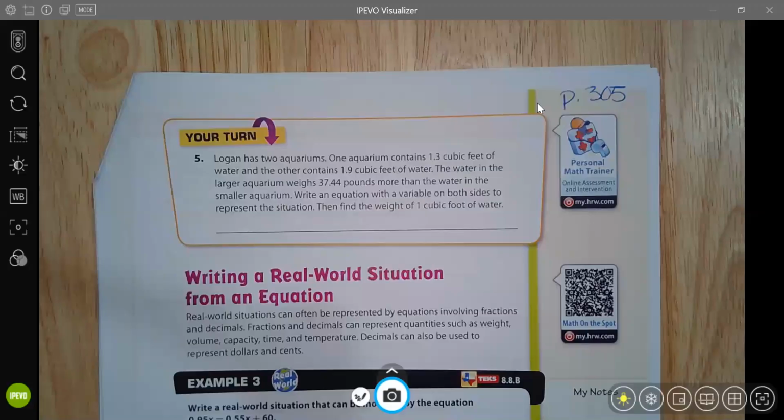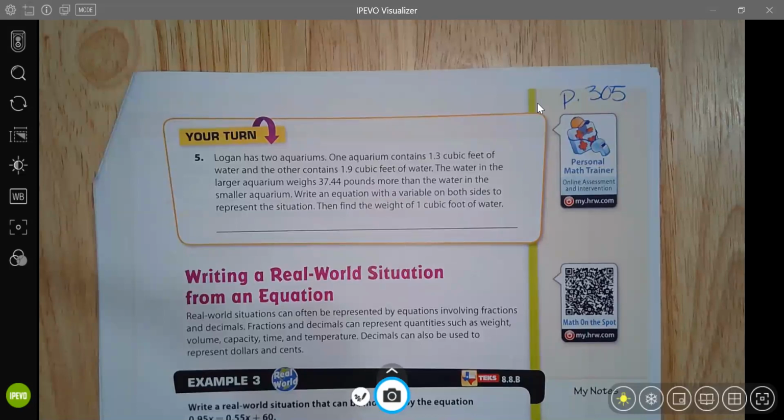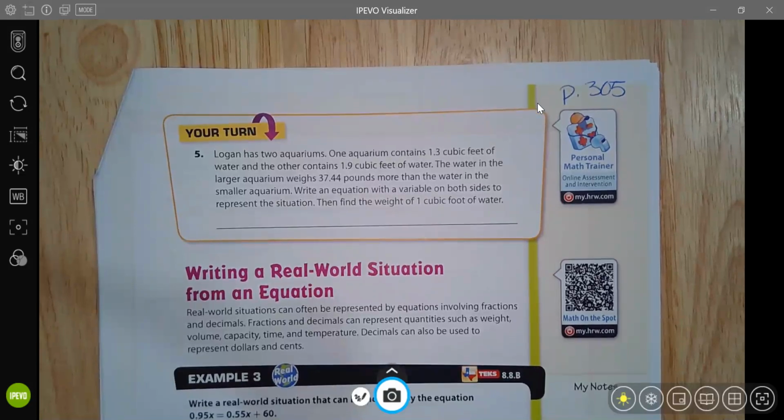All right, guys, welcome back. So let's look at this particular problem. Here we have Logan. He has two different aquariums. The first aquarium contains 1.3 cubic feet of water, and the other contains 1.9 cubic feet of water.